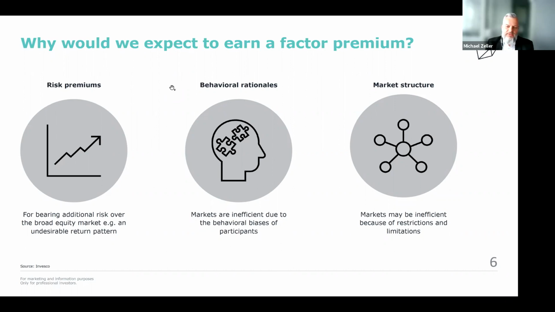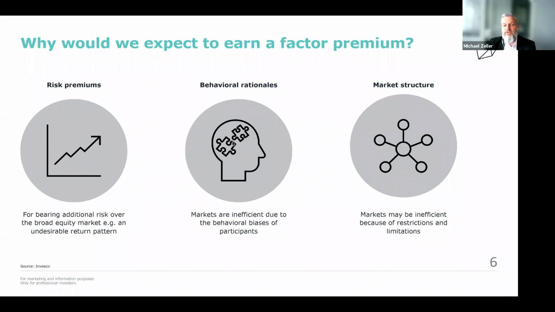So another explanation could be the market structure. For example, if we go again to the size factor, it could eventually be that there are some institutions that just have some restrictions. They are not able to buy stocks with a market capitalization below a certain degree.